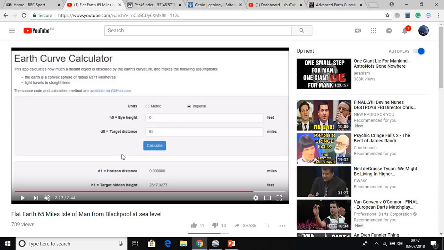Now, the next point to make is that water on the Earth, in the oceans, will not conform perfectly even to the gravitational shape of the Earth. So water is obviously affected by gravity, and that's what holds the oceans in place, and enables them to sort of stick to the ball, as the flat earthers like to call it.